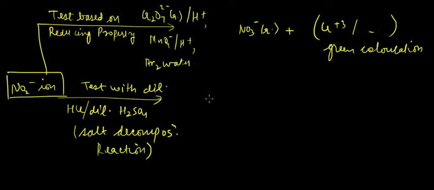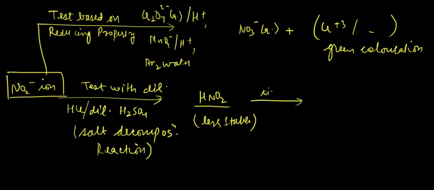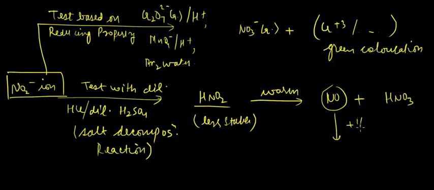So we get HNO2, which is less stable, and upon warming the solution we get NO plus HNO3. And this NO, when subjected to air, converts into brown colored NO2 gas.